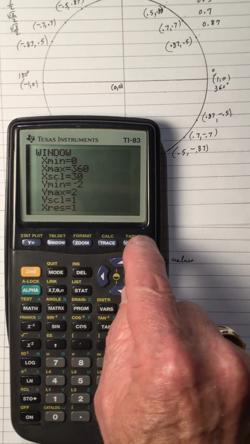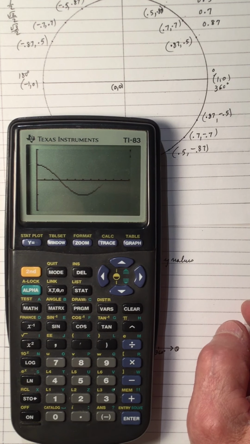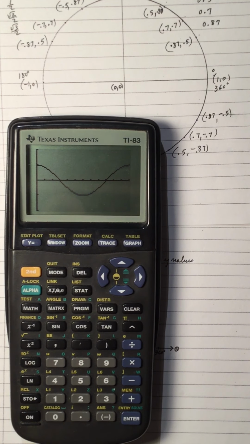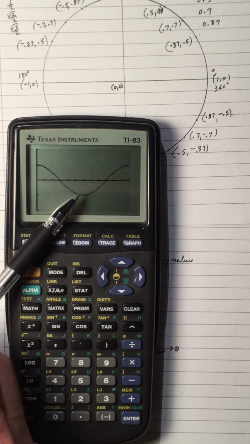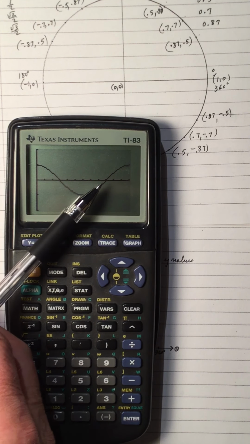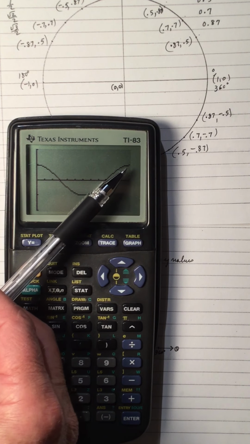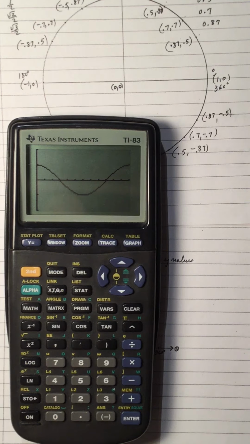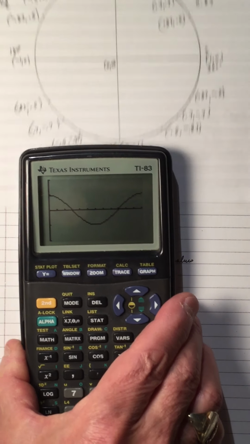I'm going to hit the graph now. Watch. So notice these are increments of 30 degrees. That's a 90, that's a 0, and that's the 180 right there, down to -1. That's the 270 back to 0, and that's the 360 back up to 1 again. So what you see on this graph is the same when I move my sheet of paper.